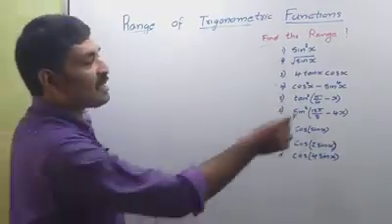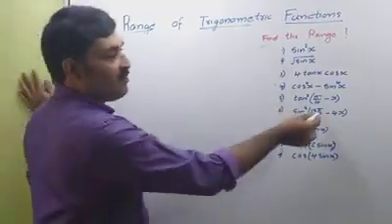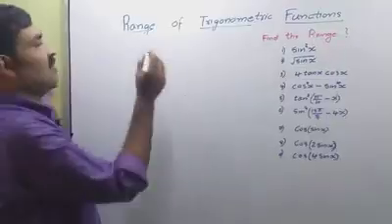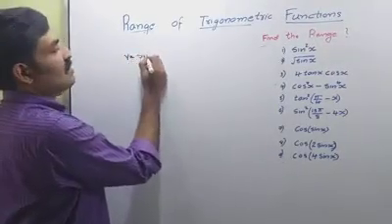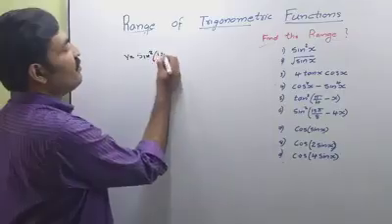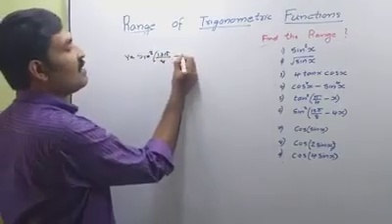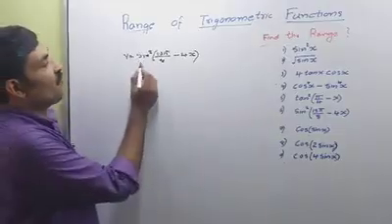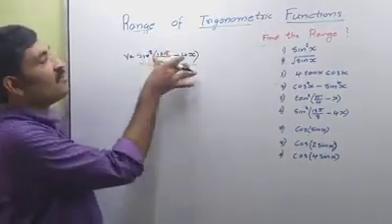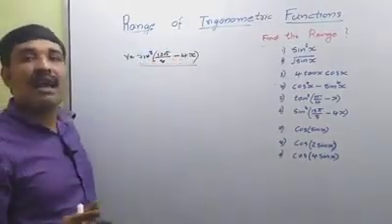Our sixth question is y is equal to sine square of 15 pi by 8 minus 4x. We know that the value of sine of this argument lies between minus 1 and 1.